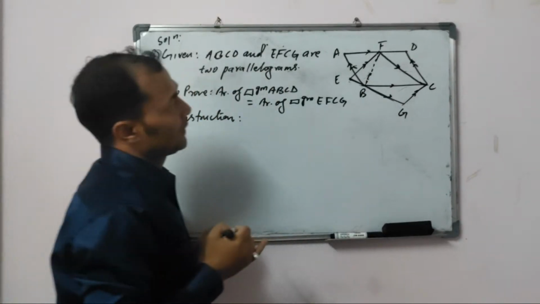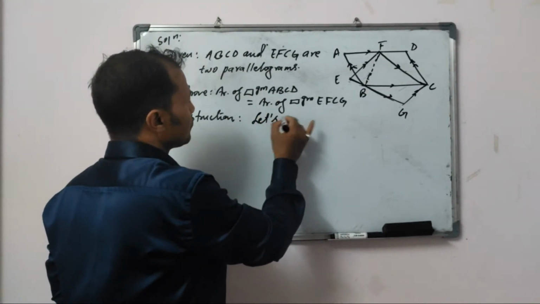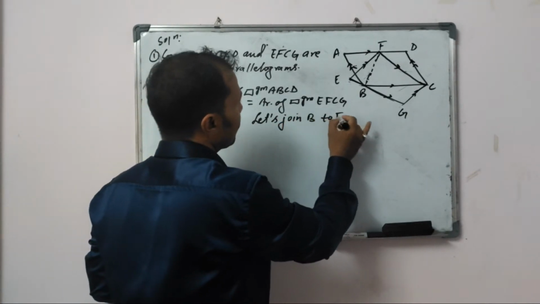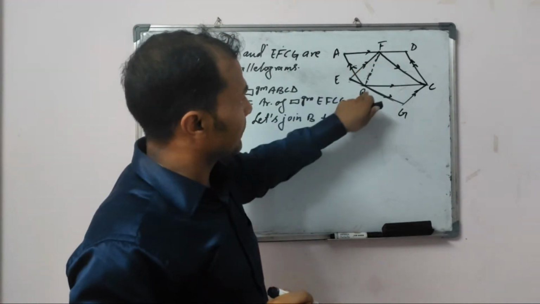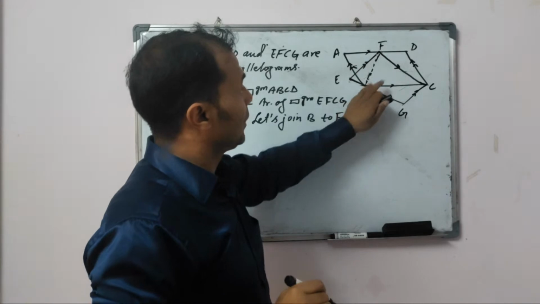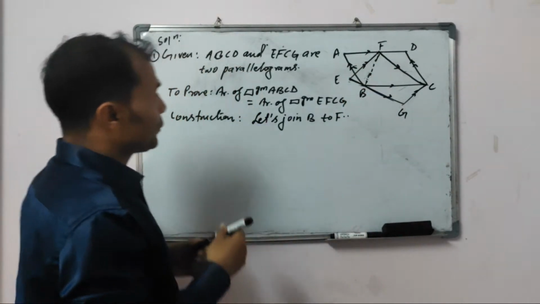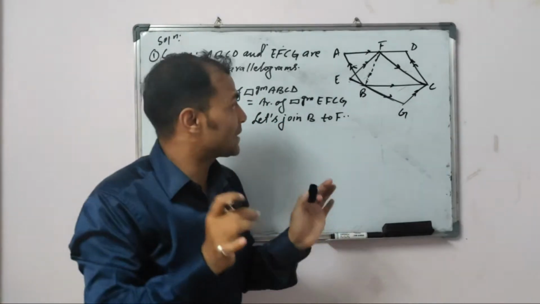Let's join B and F. When you join B and F, make it a dotted line because it's a construction. Once we do this, the problem becomes easy. Now we can solve it very easily.